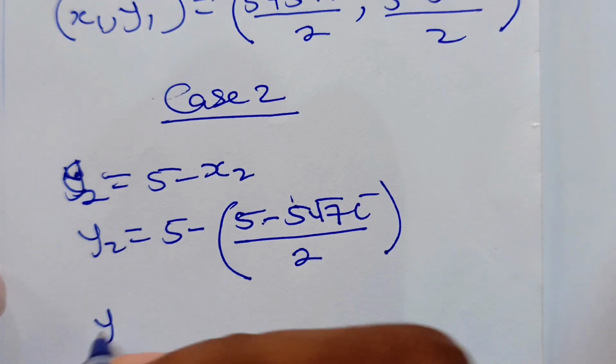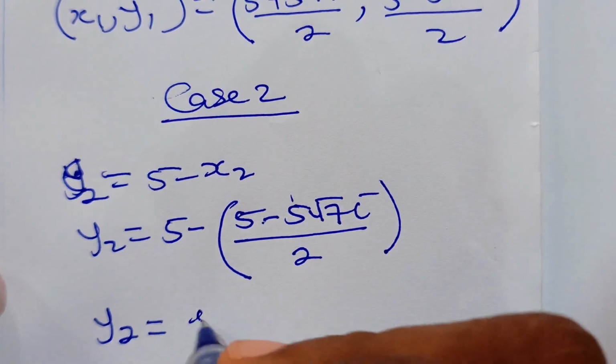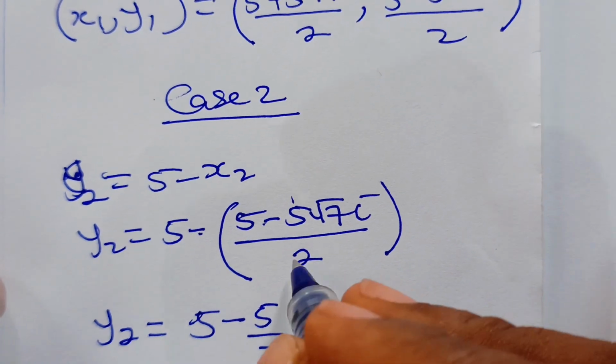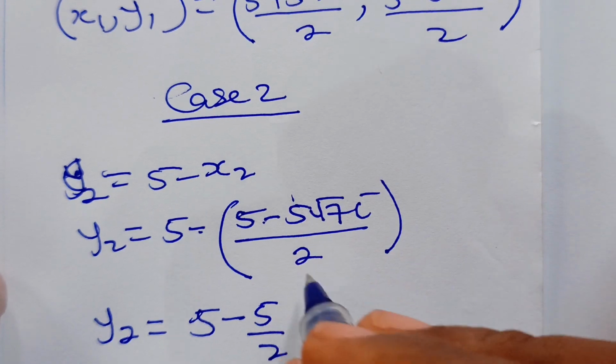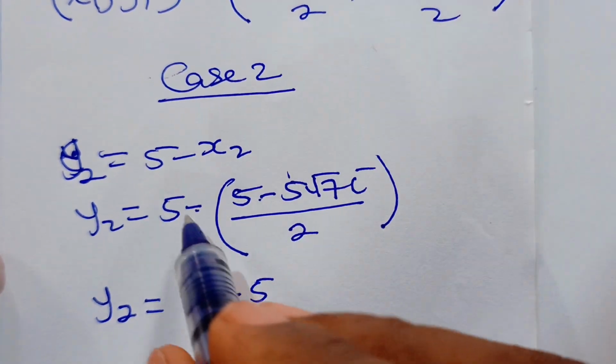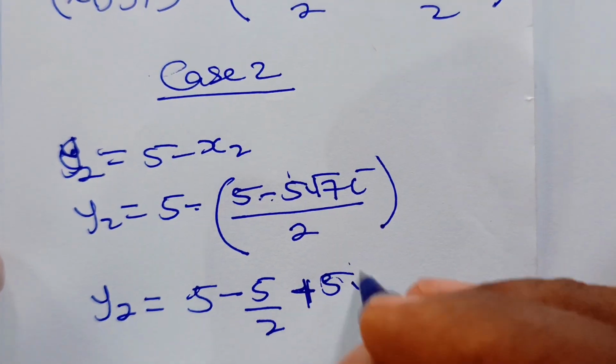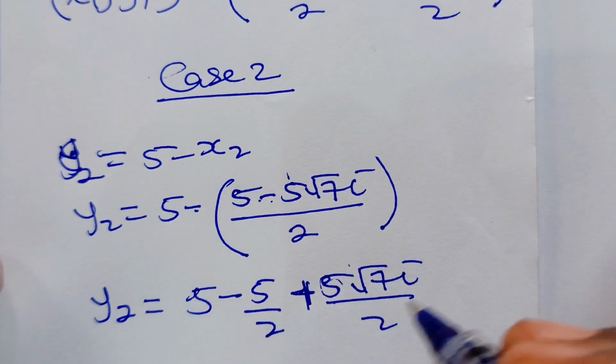Alright. Now y2 is equal to 5, now minus times 5 is minus 5 over 2, since they are sharing the same denominator, right? Now minus times minus is plus. So we have plus 5 root 7i divided by 2.